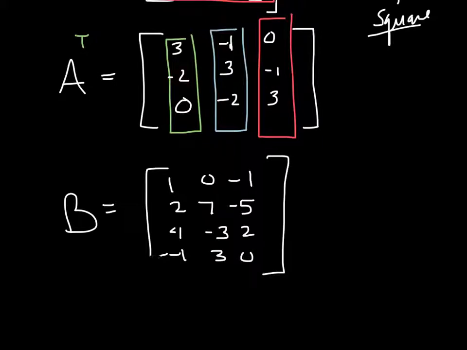So what if that was my matrix? What are the dimensions of this matrix? Well, how many rows? We have 1, 2, 3, 4, and then we have 3 columns. So this is definitely a 4 by 3 matrix.